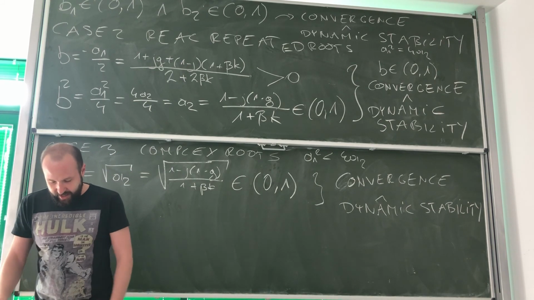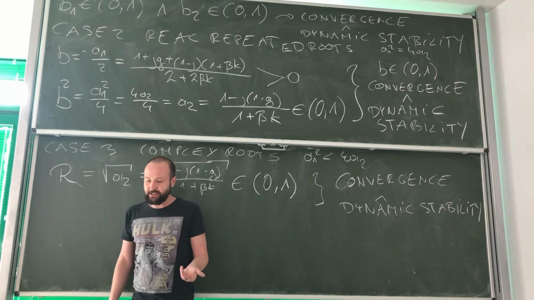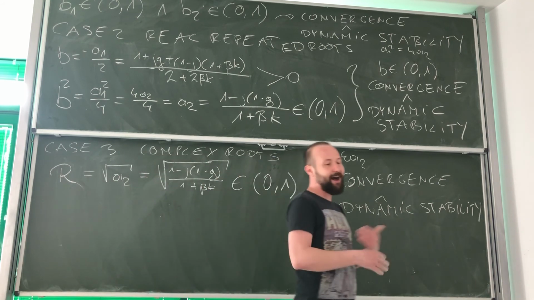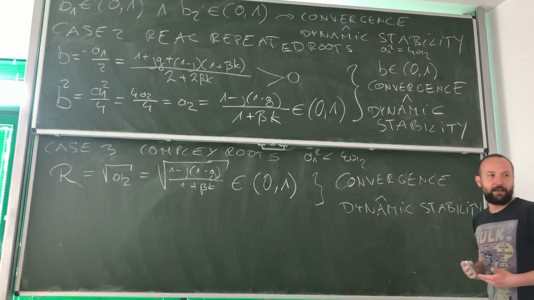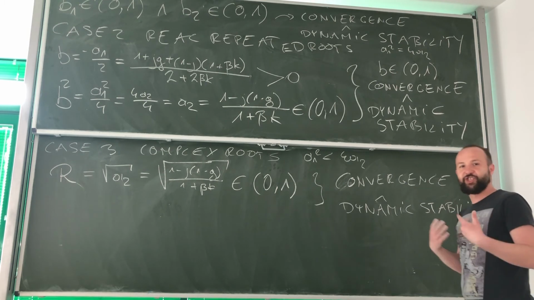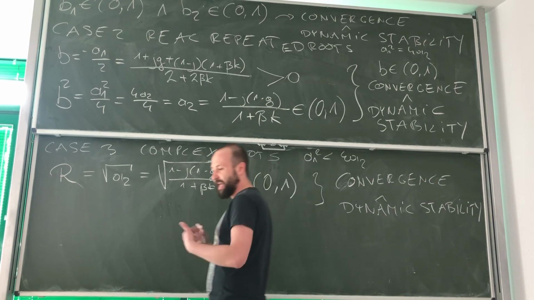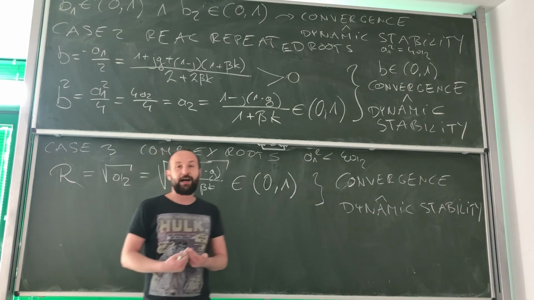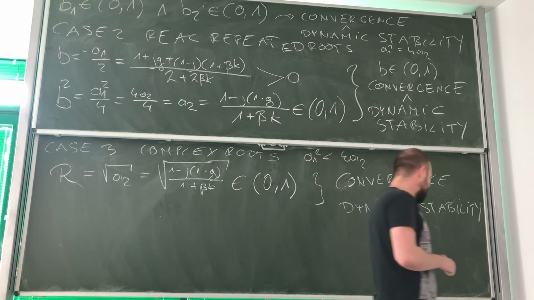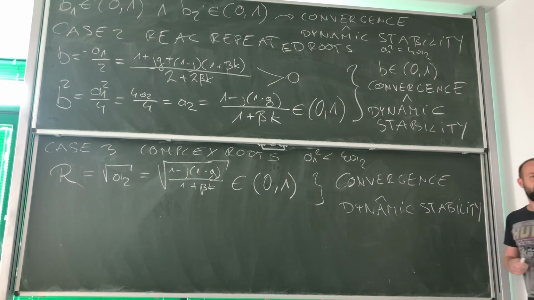Parameter J is simply telling us about how expectations are adjusted to the differences between expected and actual inflation.